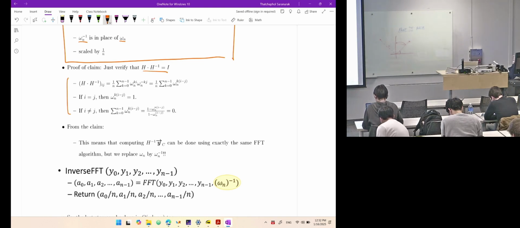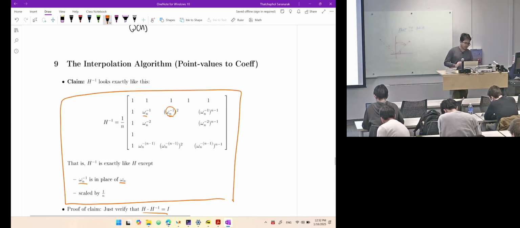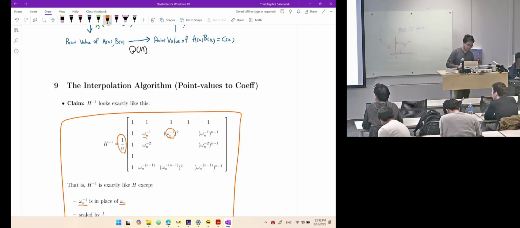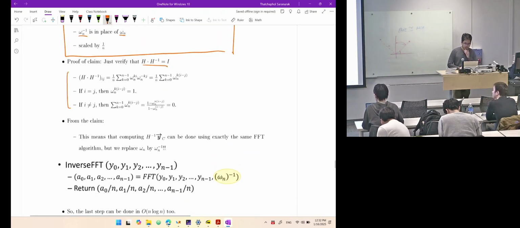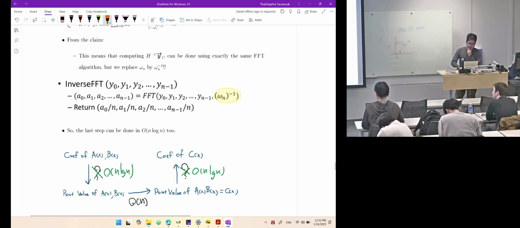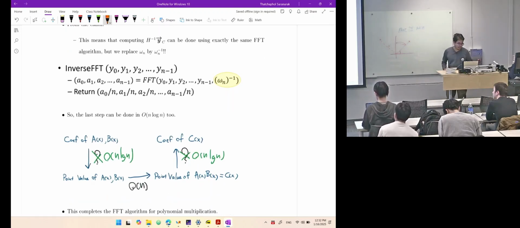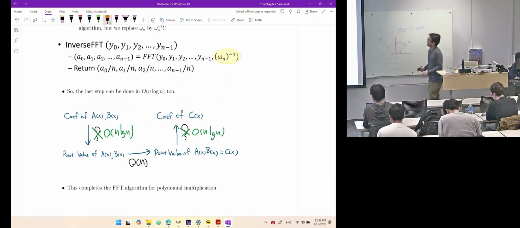And then at the end, scale everything down by n, because H has this factor. So that's why for the last step, you can just use exactly the same algorithm. Just replace omega n by omega n inverse and you're done.